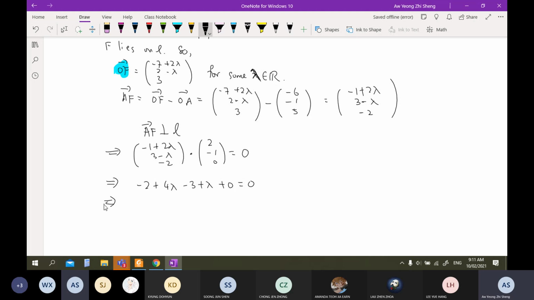And then solve for lambda. 5 lambda minus 5 equals 0. That gives you lambda is a nice number of 1.